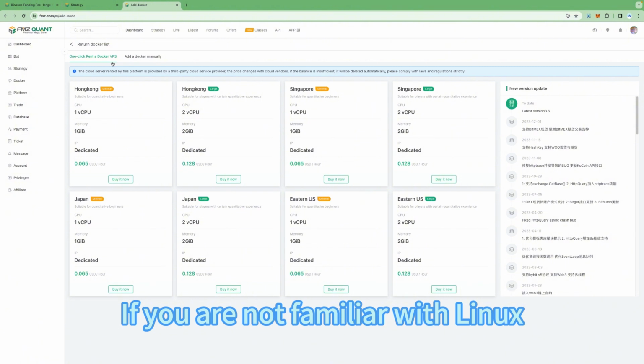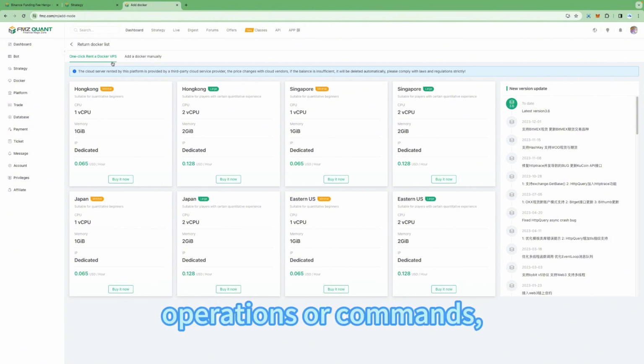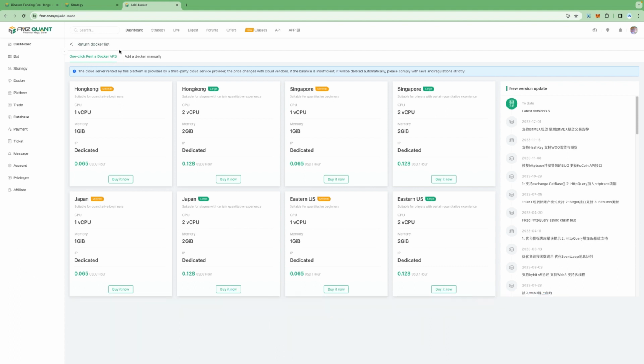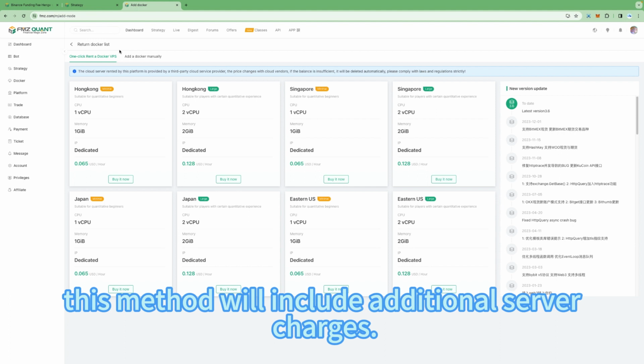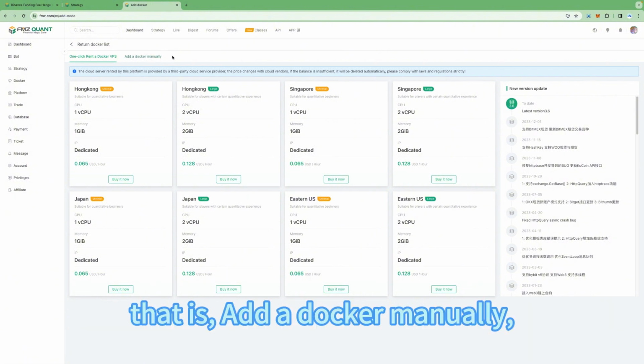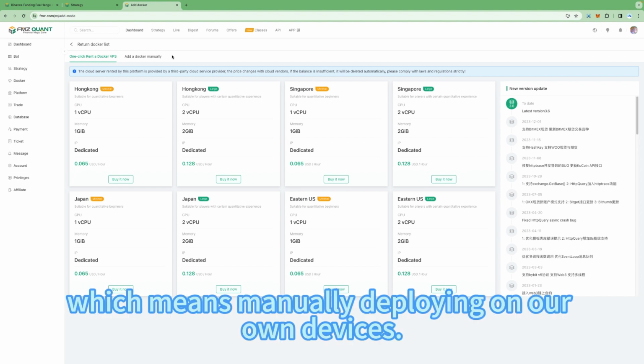If you are not familiar with Linux operations or commands, you can use the one-click rental Docker VPS. This method will incur additional server charges. We can also use manual deployment, that is, add a Docker manually, which means manually deploying on our own devices.